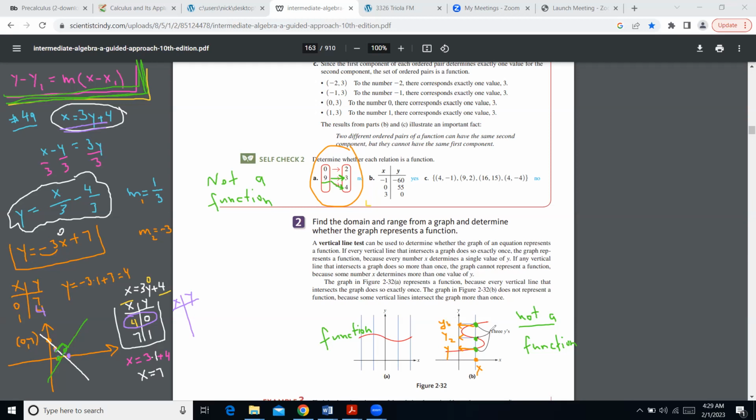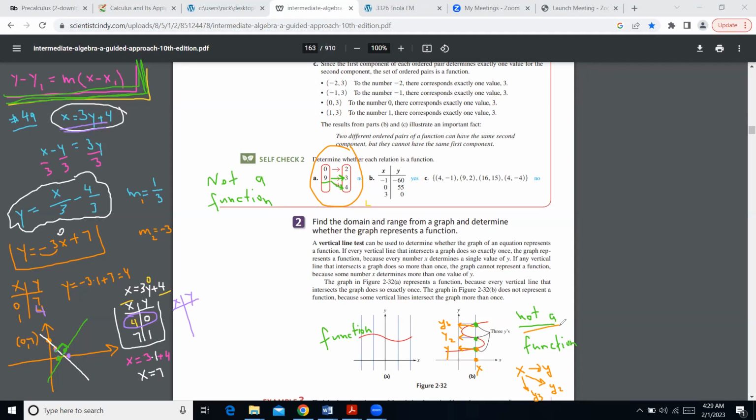So from this graph, I can see that x is related to y, then the same x is also related to y2, and then the same exact x is related to y3. That's not allowed. We can only relate that x to one element on the y-axis, but we related it to 3. So that's why it's not a function.